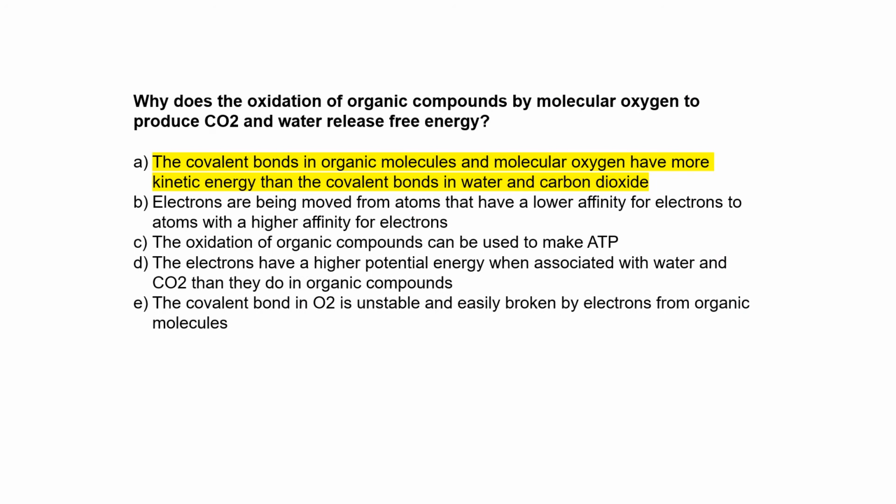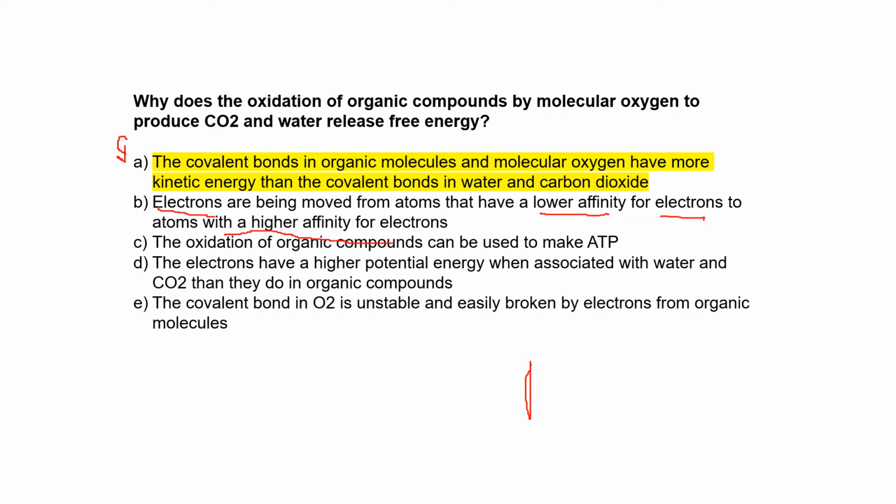Here we know that the answer is A, as I just explained. Let's see if we can analyze the other options and see which ones are correct and which ones are incorrect. Electrons are being moved from atoms that have a lower affinity for electrons to atoms with a higher affinity for electrons.